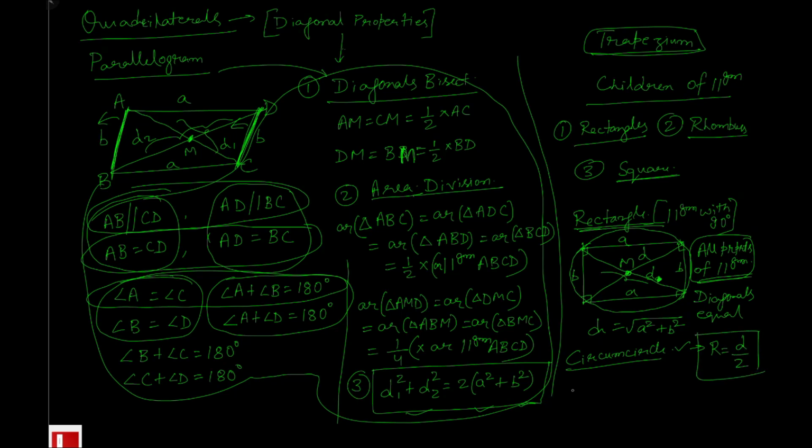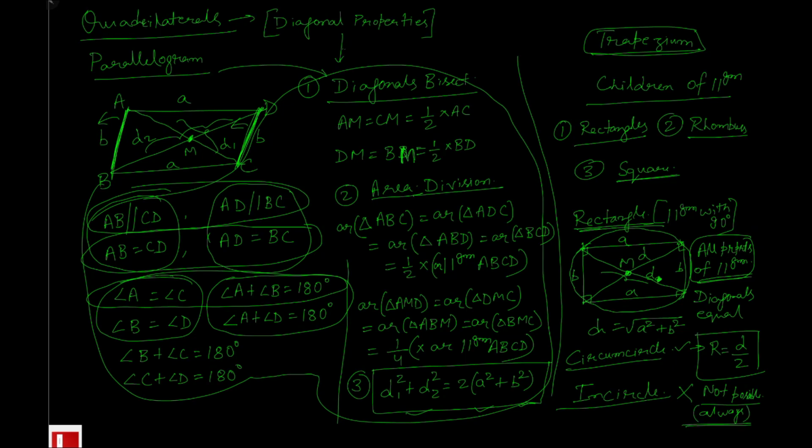Can we draw an incircle in a rectangle? Circumcircle means the circle that passes through all 4 points. Incircle means the circle that touches all 4 sides. Is it possible? No, it is not possible in a rectangle. Why is it not possible? Because if the sides are different, it is not always possible. Sometimes it is possible, sometimes it is not.